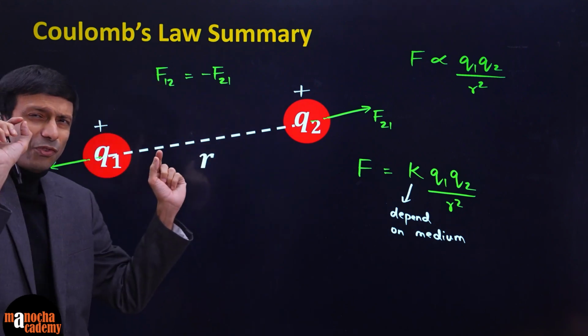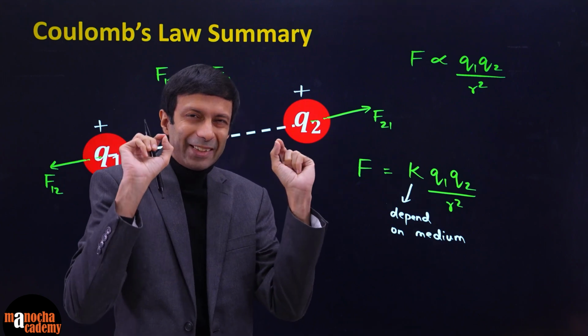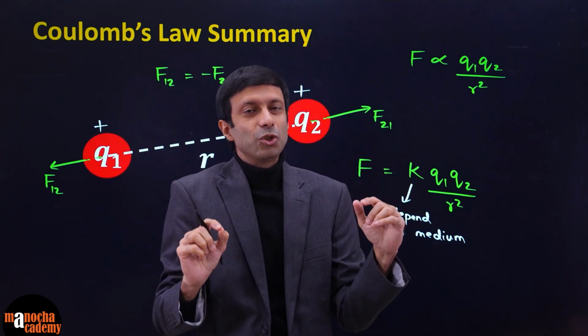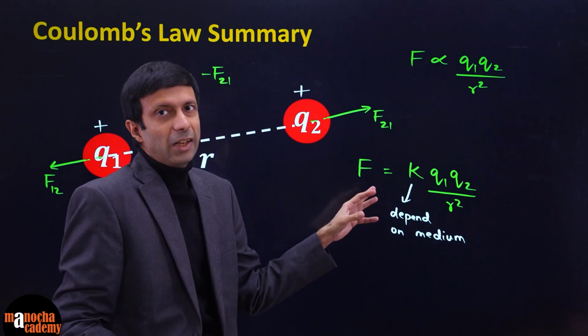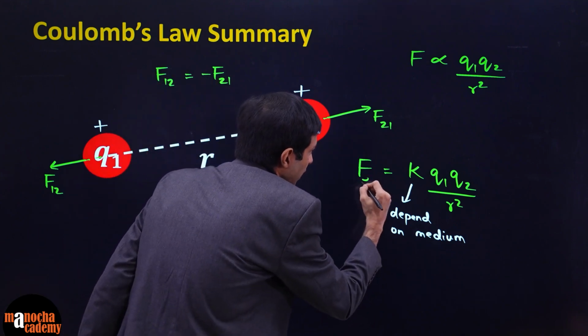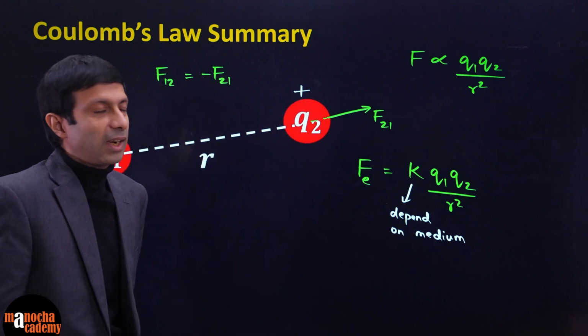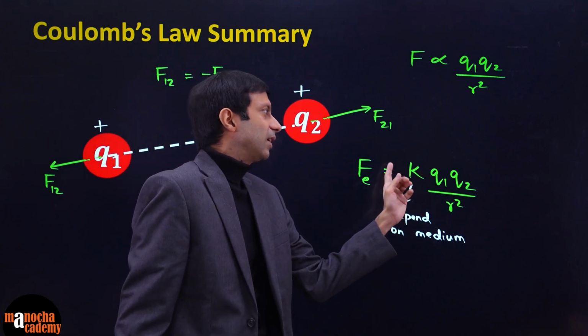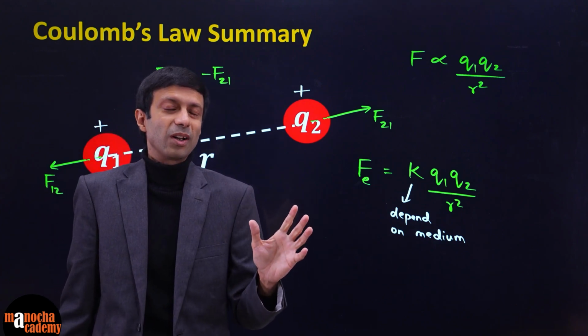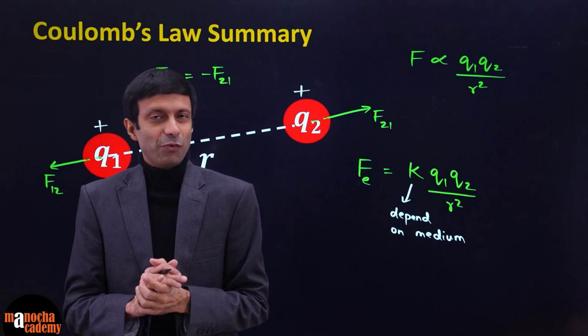So these charges are very small in dimension, like tiny charges. They could have a certain charge, but they're tiny in dimension. So that is when you can confidently use this formula for the electrostatic force. So many times you'll see it's written Fe. This is the electrostatic force, and this is the formula K Q1 Q2 by r square. And we saw it is much, much stronger than the gravitational force.